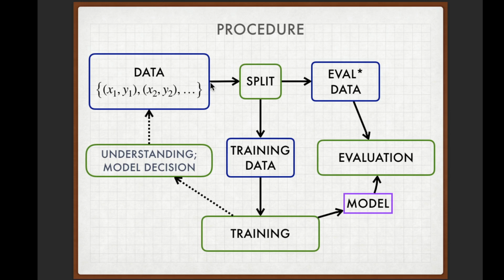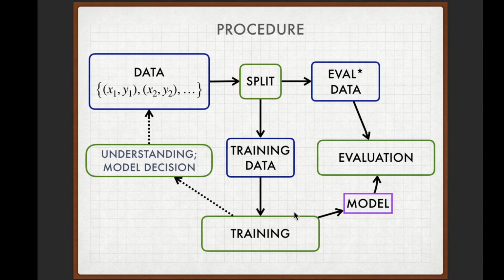Solid arrows represent information flow, and the broken lines represent dependency relationships. So given the data, to perform the learning, the first step will split data into two parts. One part for training the model and the other part we withhold for later evaluation.